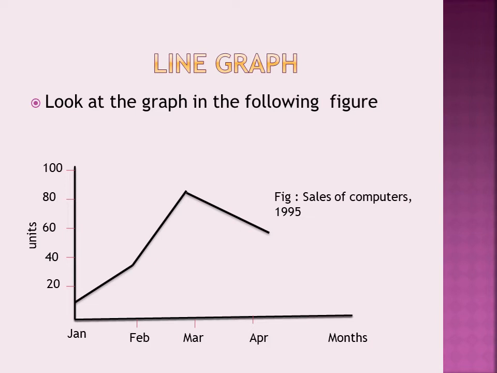And if you watch the lines very carefully, you will see how they went up, went up again, and went down. We are also going to see the time period, that is 1995, and the months are January, February, March and April. So let us jot down our information.